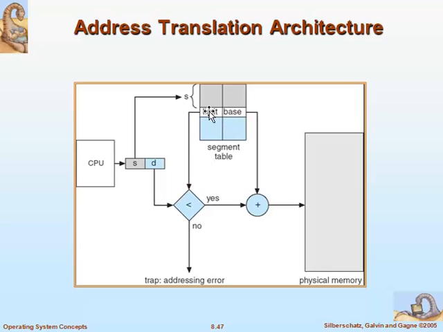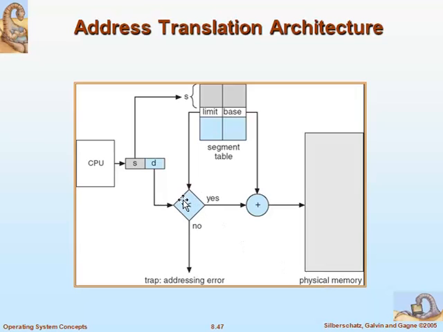When we get this limit, the offset that is generated should be less than the limit that is specified. If that condition is true, then we combine the base value with the offset, and the base value plus the offset will give us the address on the physical memory.